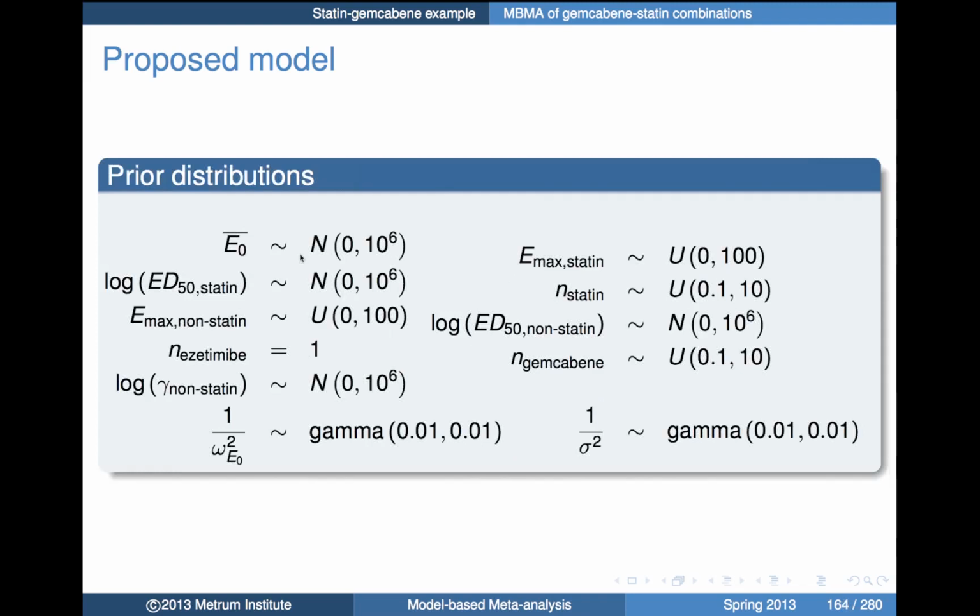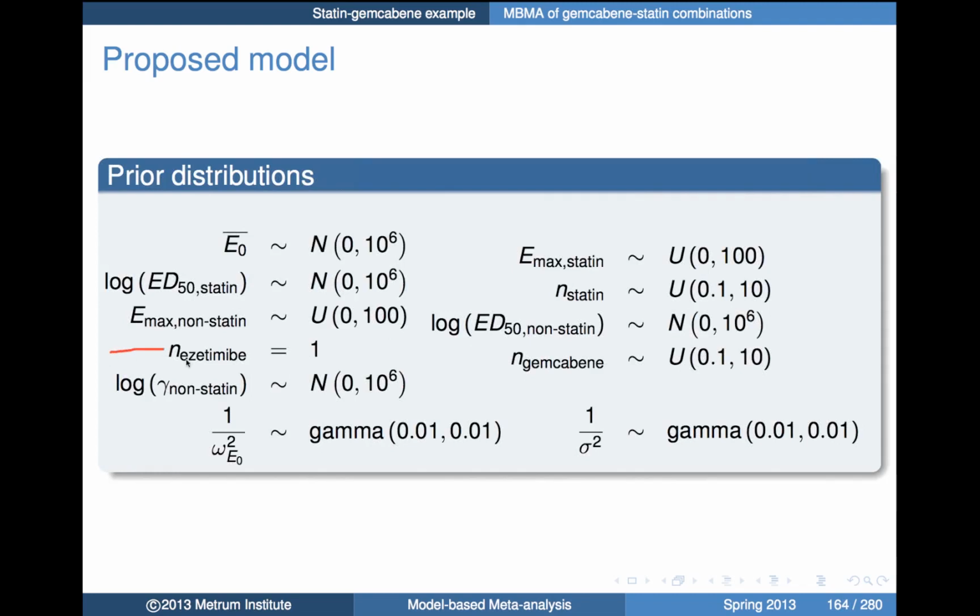Okay, so that's the basic model structure, and the additional thing we have to do, since we're working in a Bayesian framework, is specify some priors. For the most part, we're looking at largely uninformative, or if you prefer, very weakly informative priors, with one substantial exception, borrowed from the original paper.